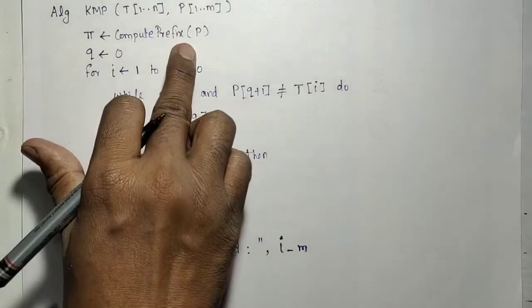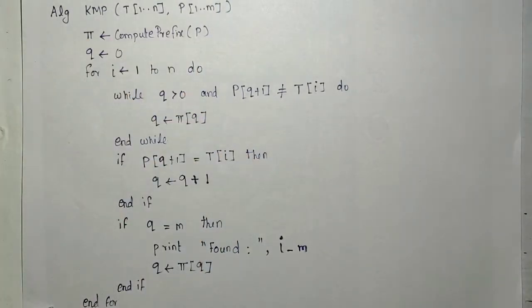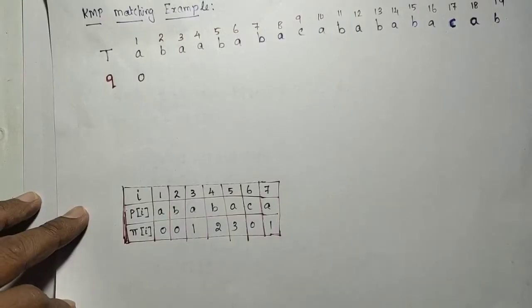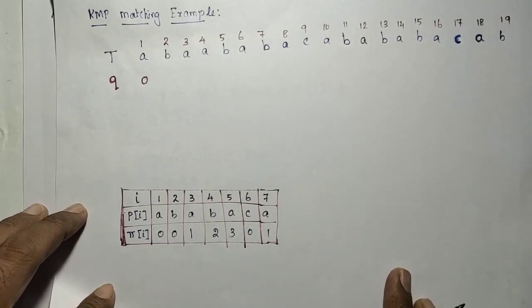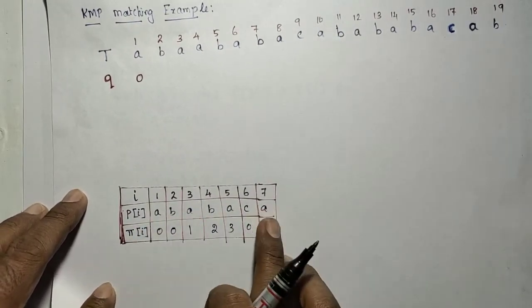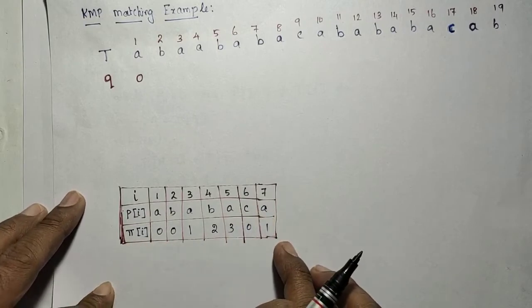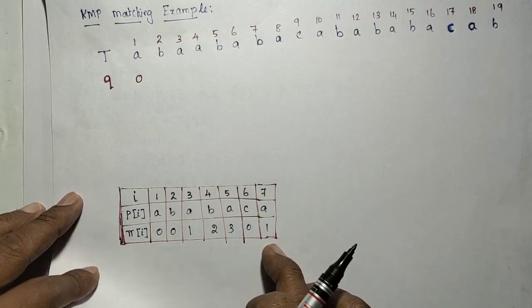Before that the pi is calculated. We have calculated the pi and copied that prefix function here. We are not going to compare the characters; we are going to use the prefix function values. The number of characters matched.